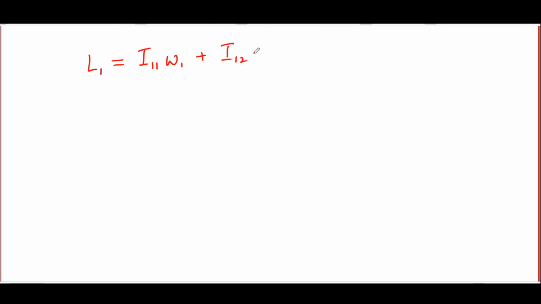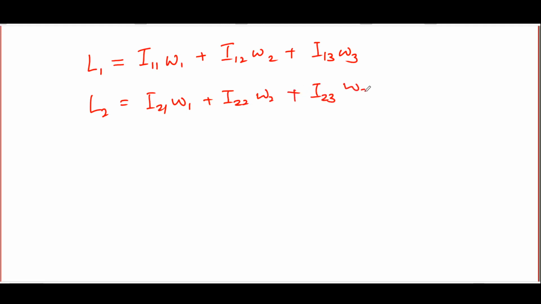What you really have is something which looks like this. L2 is I21 omega 1 plus I22 omega 2 plus I23 omega 3. L3 is I31 omega 1 plus I32 omega 2 plus I33 omega 3, where I am using 1, 2, 3 for x, y, z components respectively.